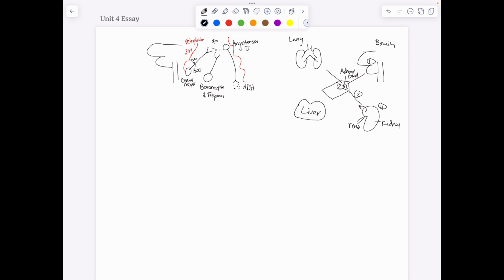And so let's start up here with the brain. So we're going to have angiotensin acting on the brain, and that will increase our thirst and our ADH.